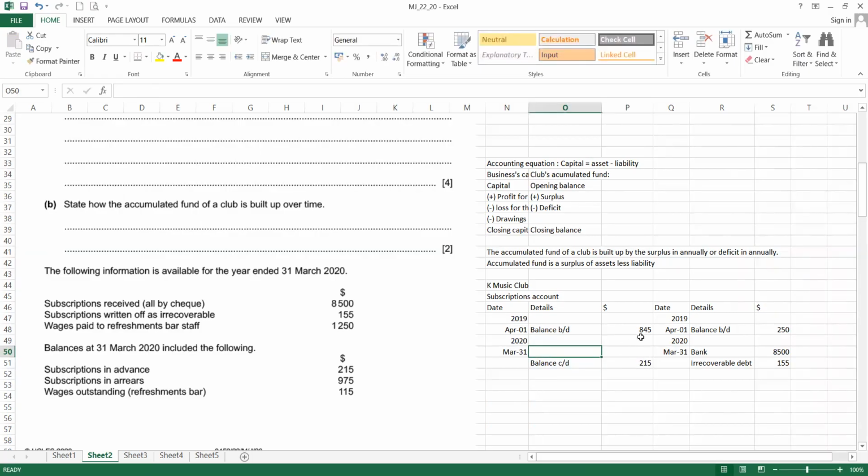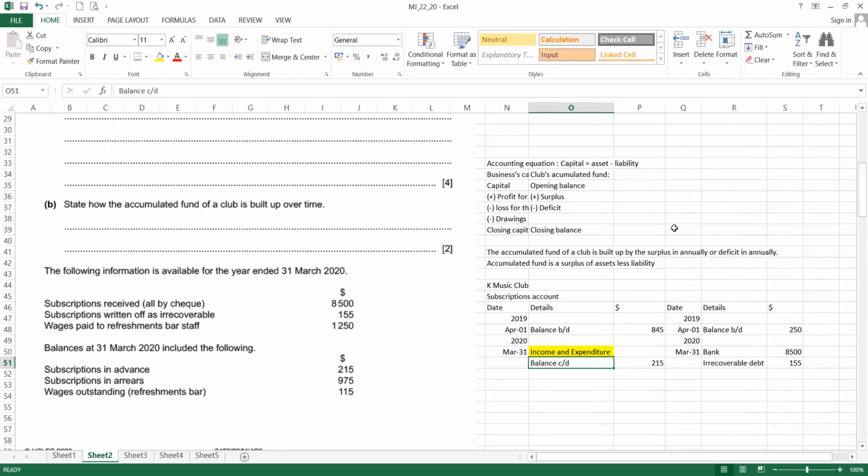Why I leave a space here? Because take note that the subscription account is an income account. We must put here income and expenditure. This amount, the last balancing figure, that we need to put into the income and expenditure. Subscription in arrears means that some member didn't pay us.